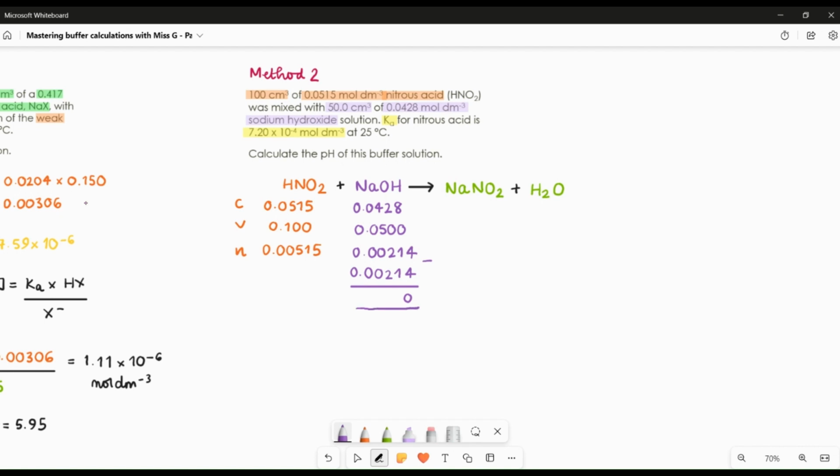And the key thing is that's going to leave me with no alkali at the end, which is great because we can't have any alkali left at the end if we're trying to make a buffer solution. And I'm going to lose that many moles of my weak acid because that's how many moles of the weak acid would be needed to fully react with that moles of sodium hydroxide. And then I can work out what that is.